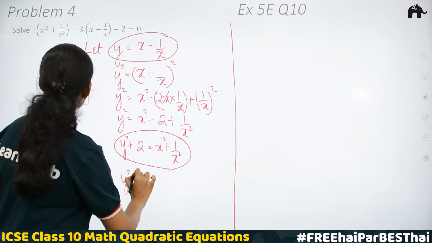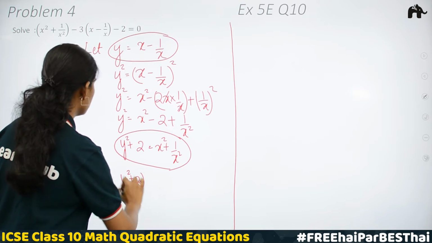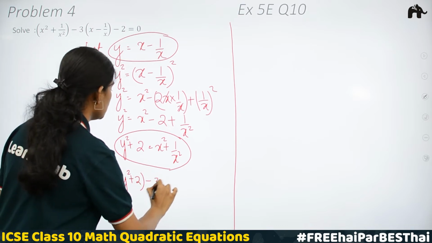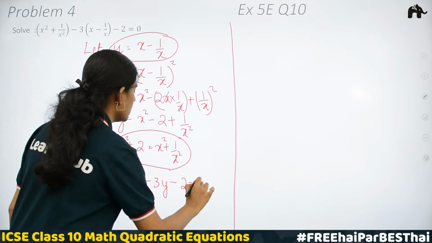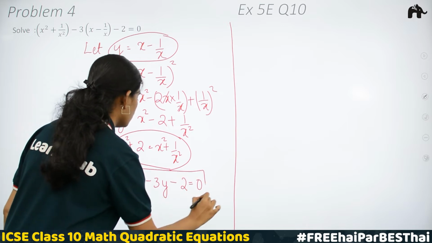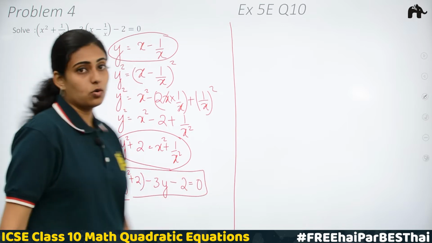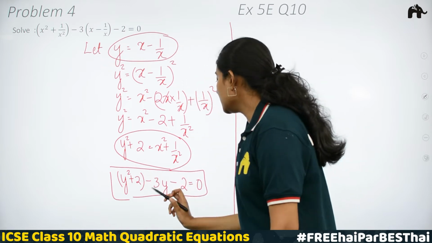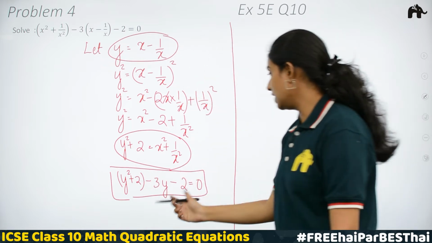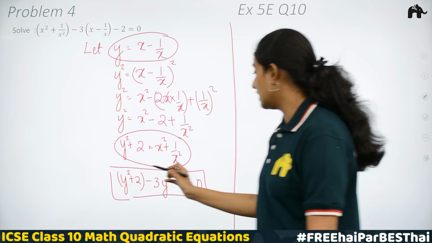y square plus 2 minus 3y minus 2 is equal to 0. Okay. Now, y square plus 2 minus 3y minus 2 is equal to 0. Term containing square, that is y square.